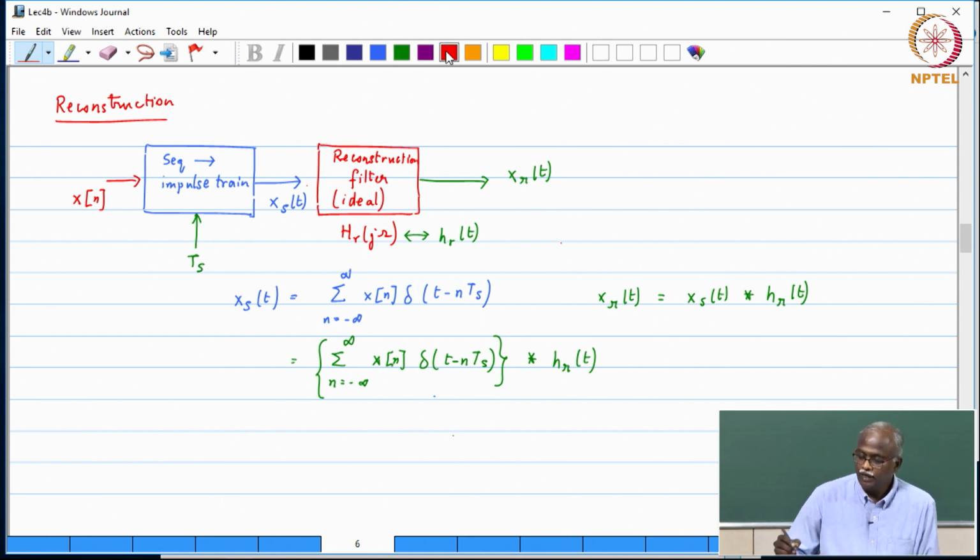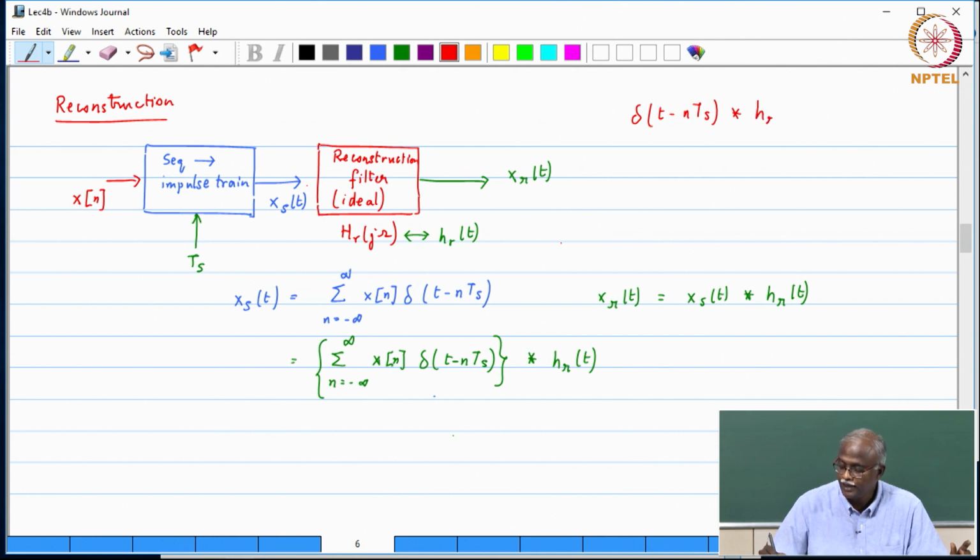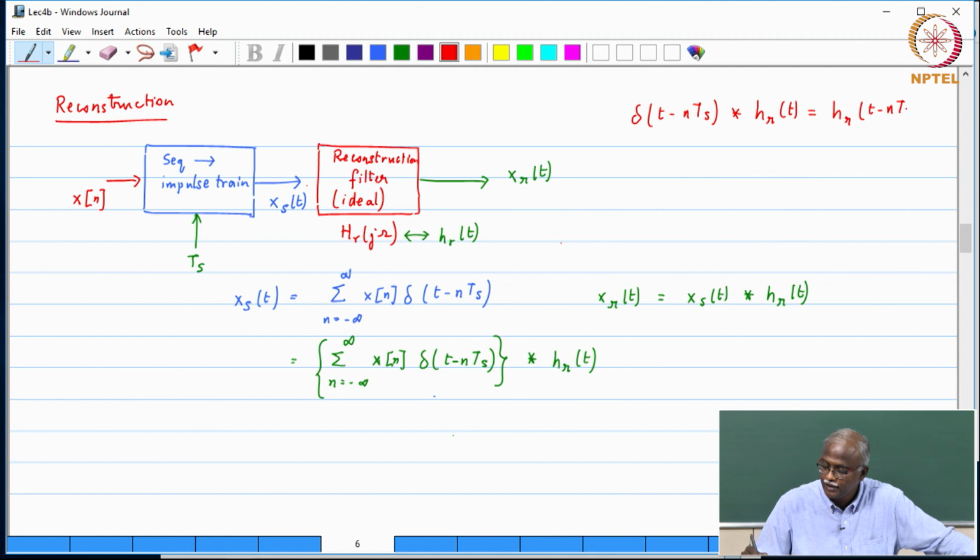Now, I would like to invoke a result that I am sure you are familiar with in continuous time and in discrete time. The continuous time property says that if I have a delta function which occurs at a value nTs, and I convolve this with hr of t, what do I get? Basically, the impulse response will shift, with the center moving to where the impulse occurs. So, hr of t minus nTs.